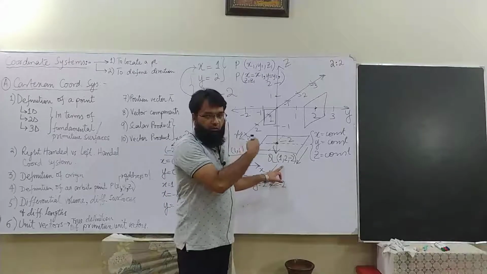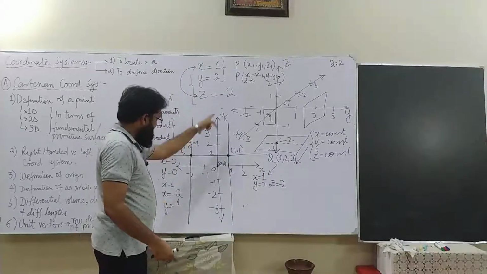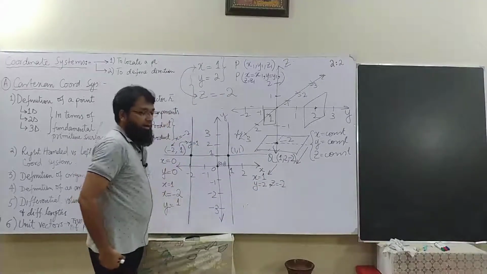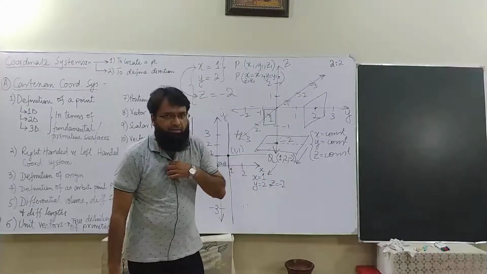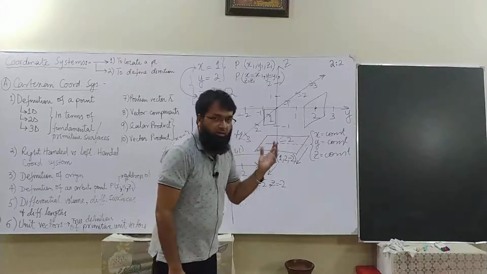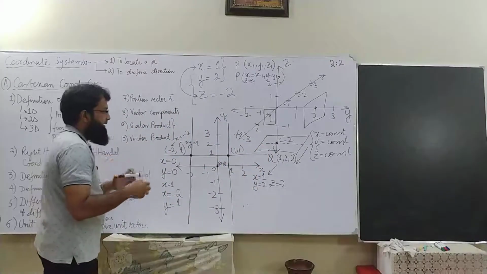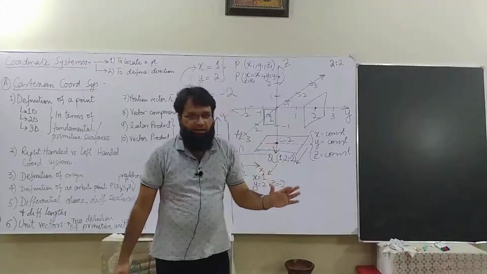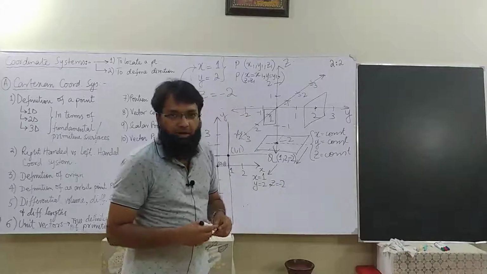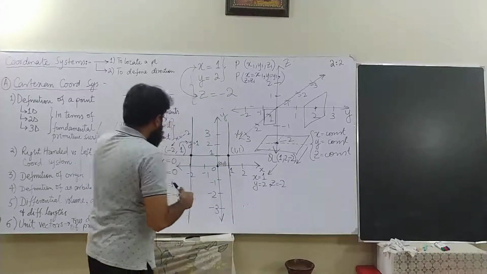Remember that all the planes that we are talking about in 3 dimensions, or all the lines in 2 dimensions, are imaginary. Imaginary means they are not made up of any matter, they are just there in free space. You can imagine these planes, but these planes have no physical meaning or physical substance attached to them.